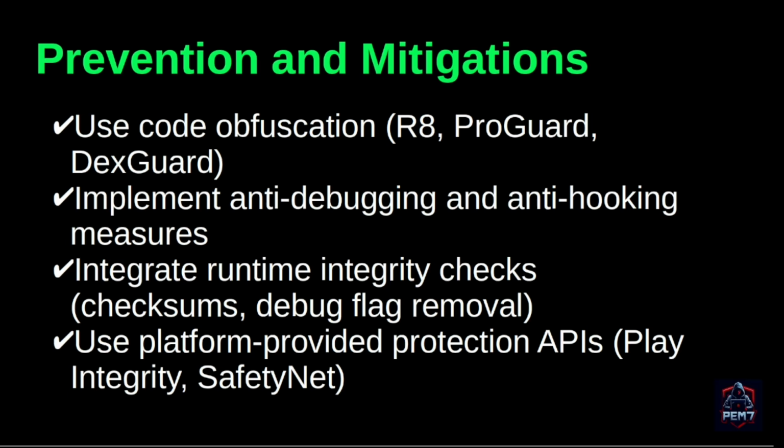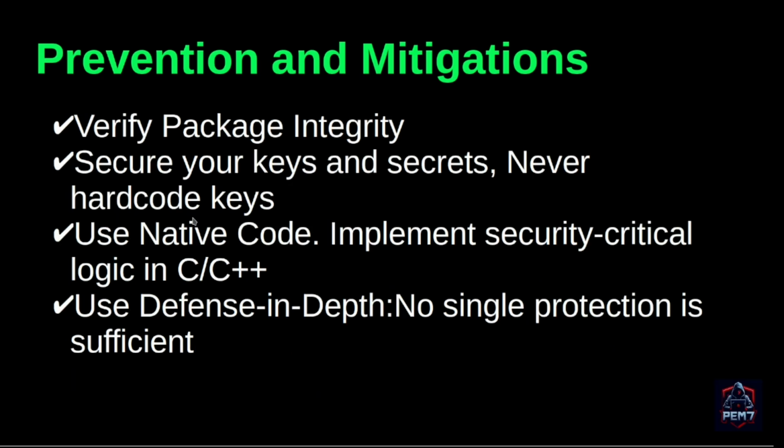You can get cryptographic attestations to validate server side. On iOS, you can verify code signing and entitlements. You also need to verify package integrity by storing cryptographic hashes of your original package and periodically verifying that nothing has changed. This can be done by detecting and responding to repackaging attempts.